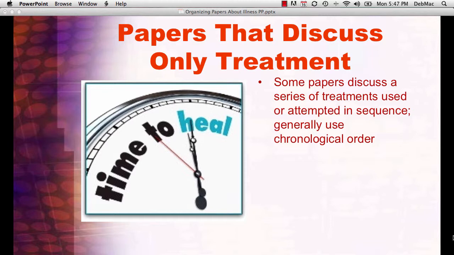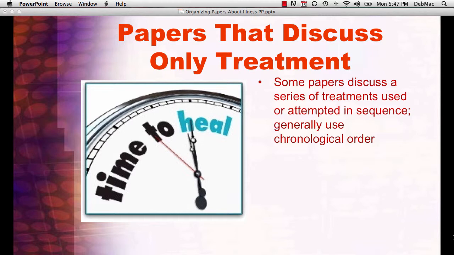If that doesn't work, they generally move on to medications or a combination of medication. If those don't work, then sometimes they move on to ECT or electroshock therapy. Those are done in sequence, so you generally would discuss those in a chronological order.